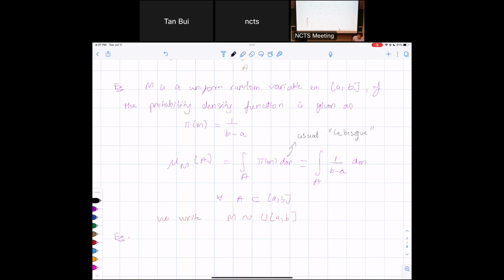Now I throw you another word, Lebesgue measure. Don't worry about that, I just hope to invite you to take more math classes. Just think of this as the length measure in our case. In fact, length is a particular case of Lebesgue measure. For the purpose of understanding, if you haven't seen Riemann or Lebesgue integration theory, don't worry. It is just the length for this particular case.